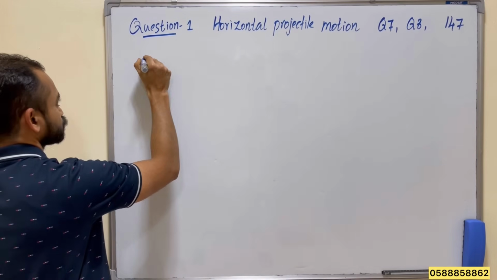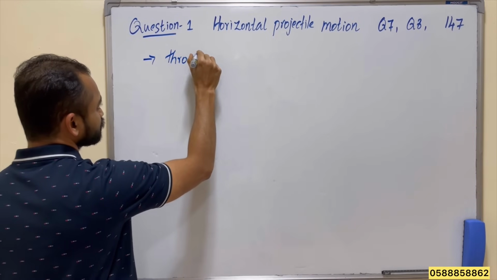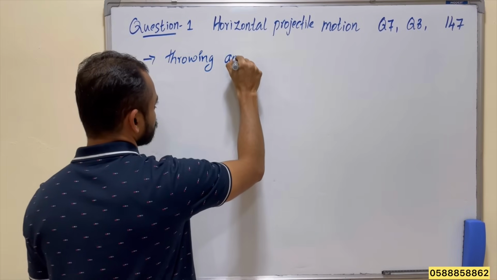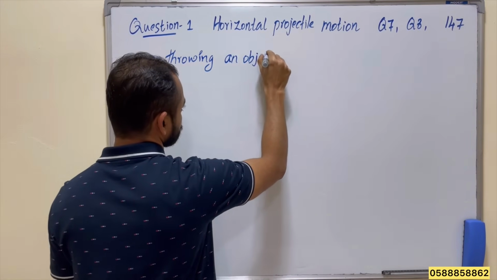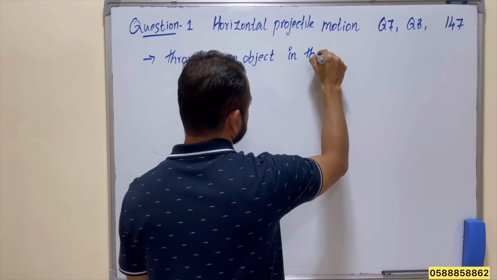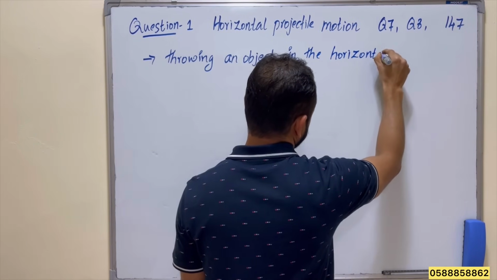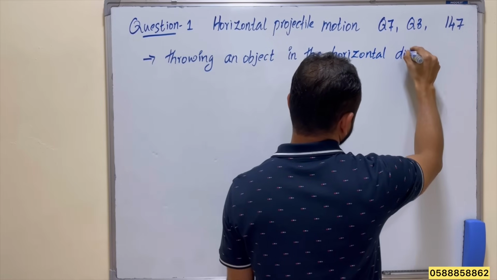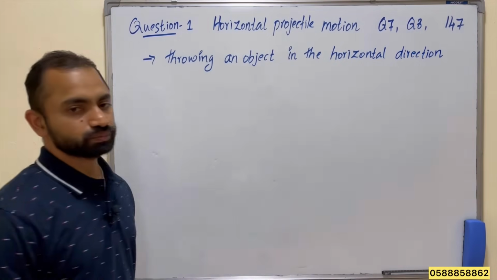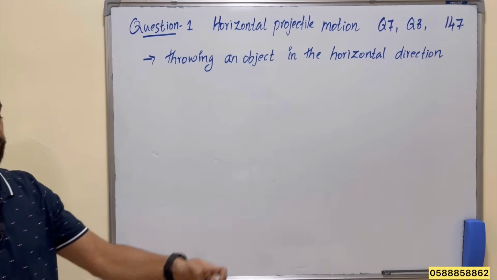Horizontal projectile motion is throwing any object, for example this marker, in the horizontal direction. Throwing an object in the horizontal direction, that is called horizontal projectile motion.